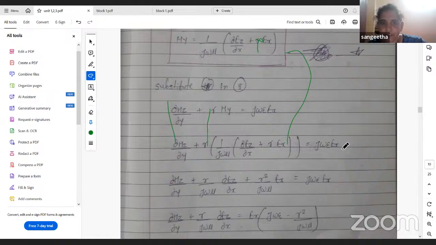From this, take individual terms: gamma by j omega mu times dou Hz by dou x.